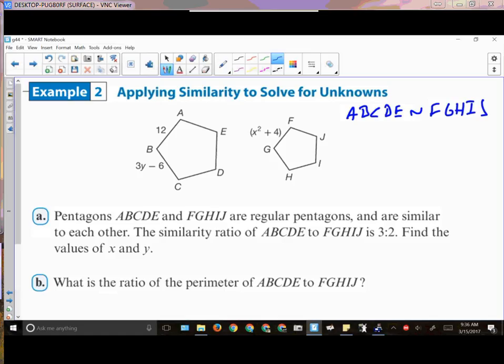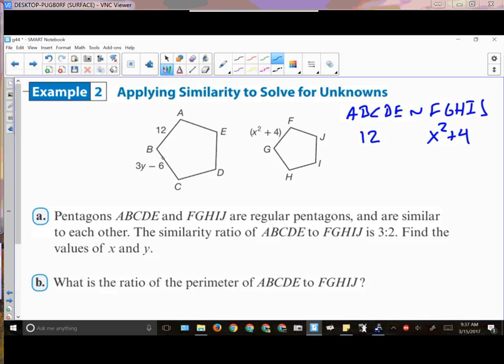That's nice. Do we have any sides on ABCDE that correspond to something on the other one? 12 corresponds to what? Okay, so if I got a 12 here, this is supposed to go to x squared plus 4, correct? Oh, that's no number. That's ugly.